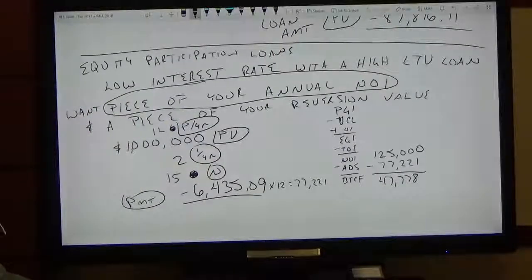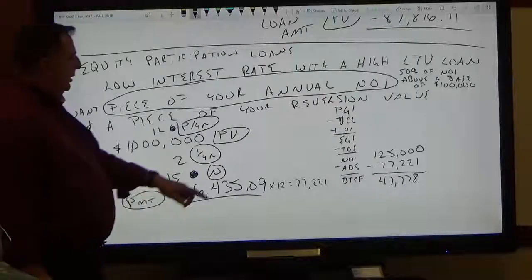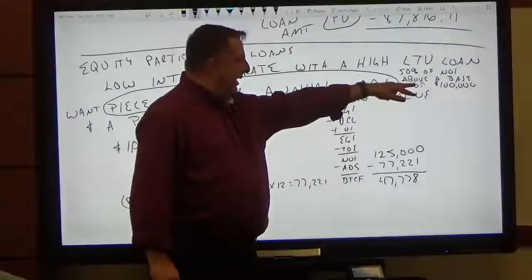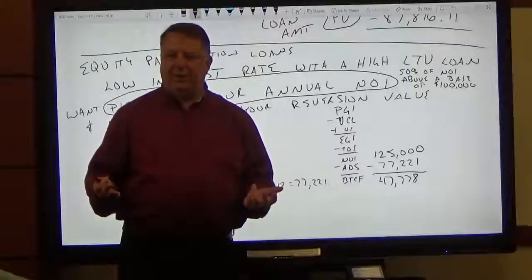So here's what we're getting: 50% of NOI above a base of 100,000. Does that make sense, everybody? So in this case, how much does that lender get? Well, 125,000 minus 100,000 would be 25,000.